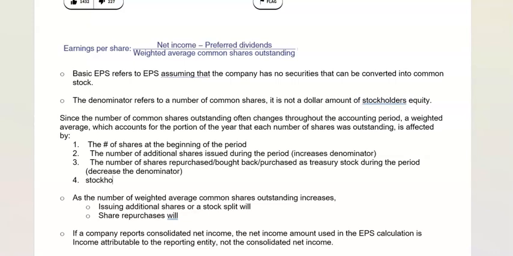And then finally, stock dividends and stock splits put more shares into the hands of the investors, so they would increase this denominator of the weighted average common shares outstanding.